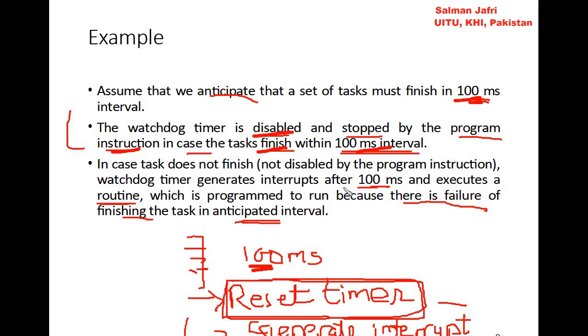And if the task is not finished, the watchdog timer is not disabled by the program instruction, and it generates an interrupt after 100 milliseconds and executes a routine which is programmed to run because there is failure of finishing the task in the anticipated time interval. So since the task could not complete in 100 milliseconds, the watchdog timer interrupt occurs, which executes an ISR or interrupt service routine. So that's how the watchdog timer operates.